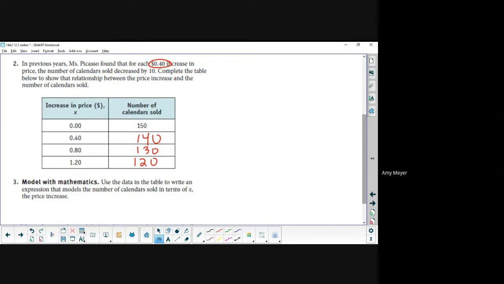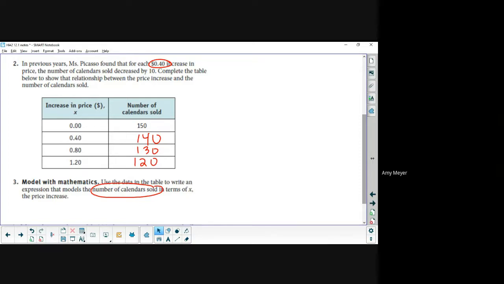Number 3, use the data in the table to write an expression for the number of calendars sold in terms of X, the price increase. Let's circle number of calendars sold. You might remember a couple weeks ago, I would say make a table, pass it to a friend, and see if they can write an equation for it. Here you go. Here's your table. No passing to a friend.